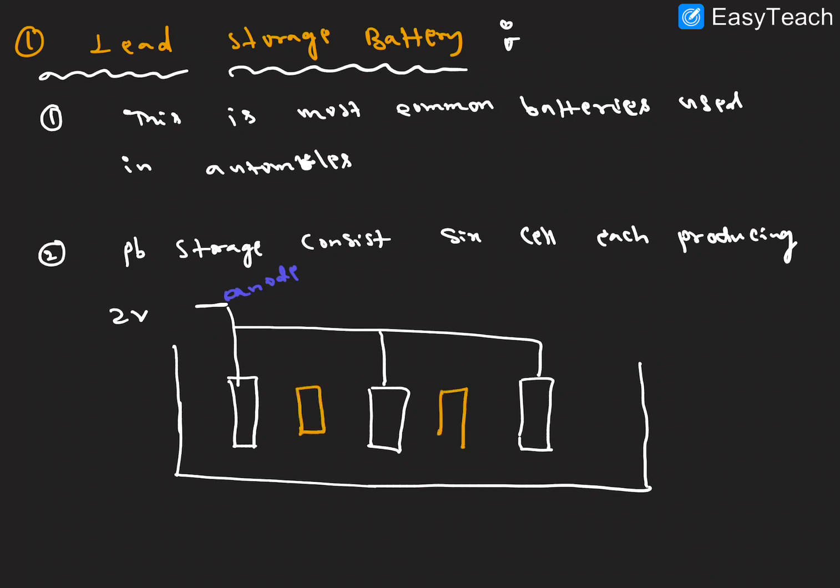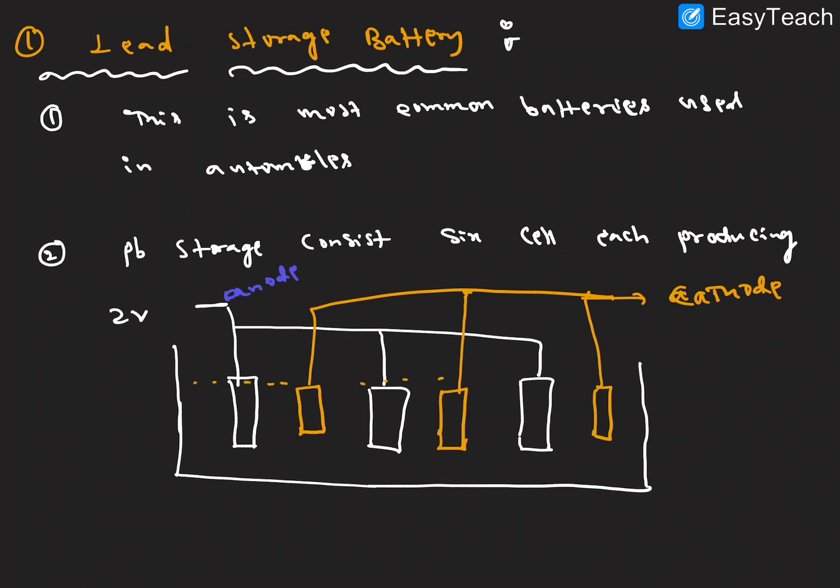This is cathode, and one more cathode here and here. This is connected through one wire. These are immersed in dilute H2SO4. So this is dilute H2SO4, right?